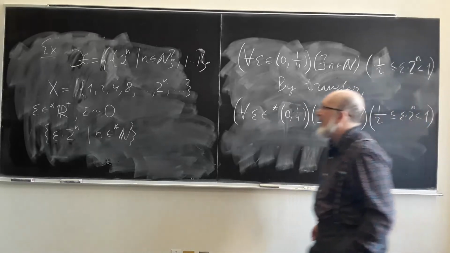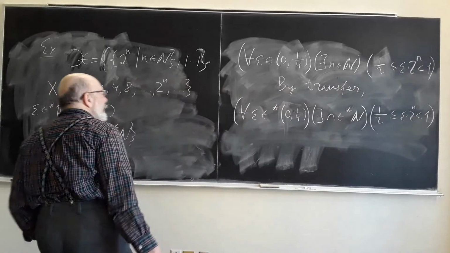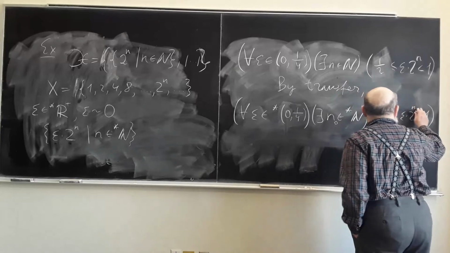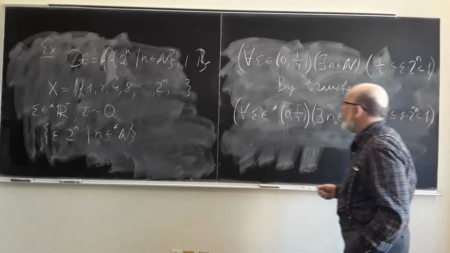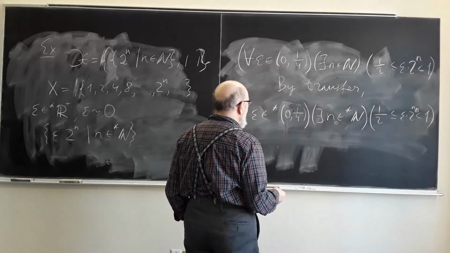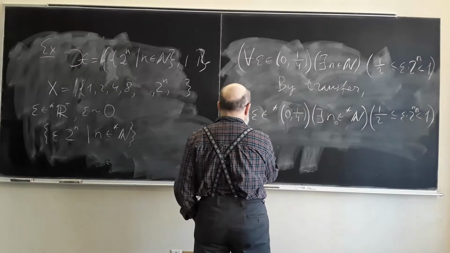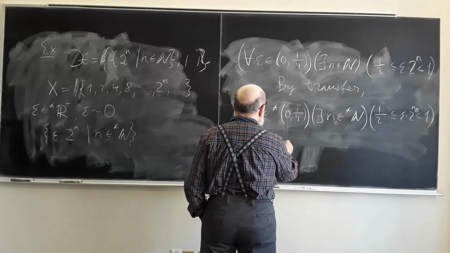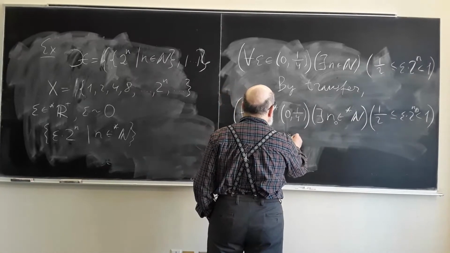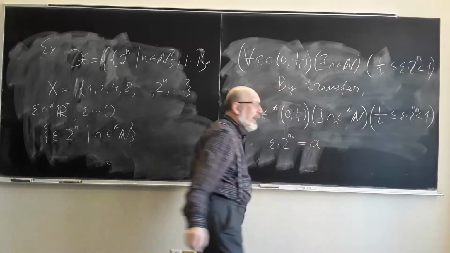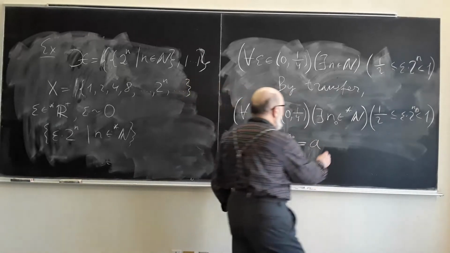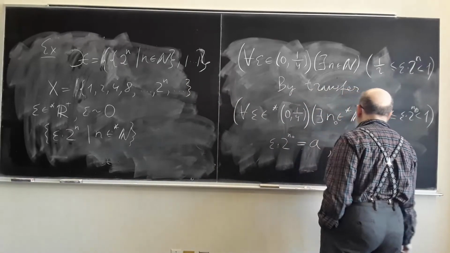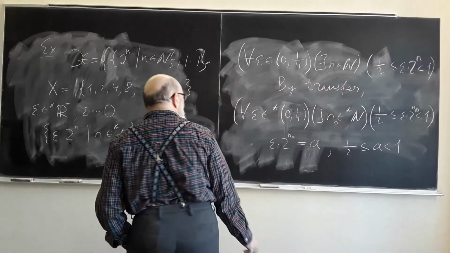So let us take this n. Now let me denote it by n0. Yeah. So we have the following set now. We have epsilon times 2 to the power n0. Now let me denote it a. So a is between 1/2 and 1. So we found such a.